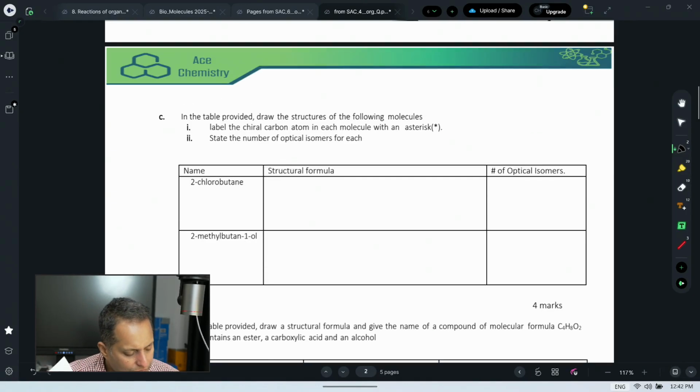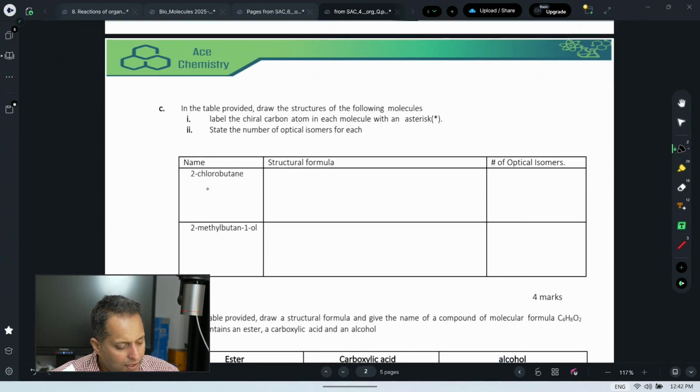If you can find a chiral carbon, that can exist as optical isomers. What is a chiral carbon? A carbon with 4 different groups attached to it, totally 4 different groups. That is a chiral carbon.